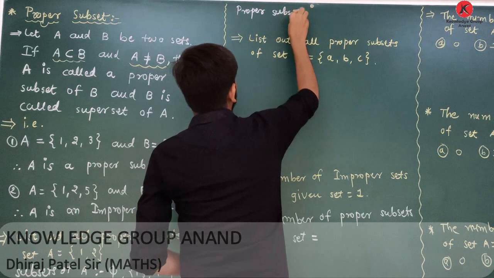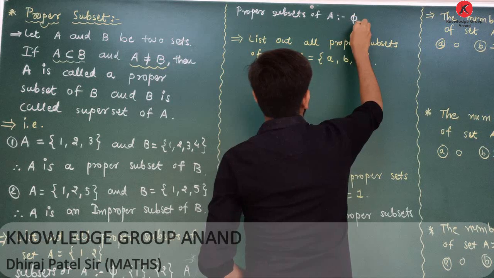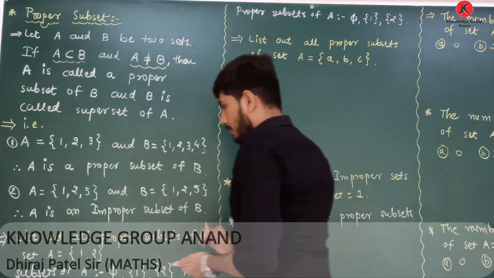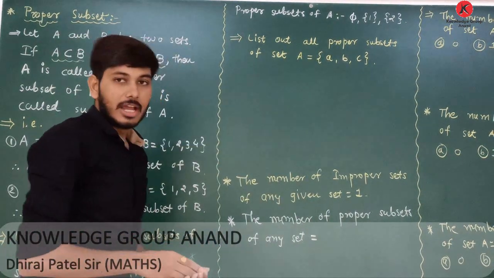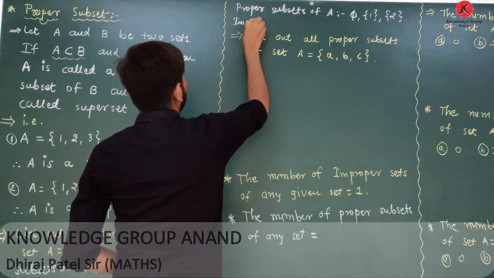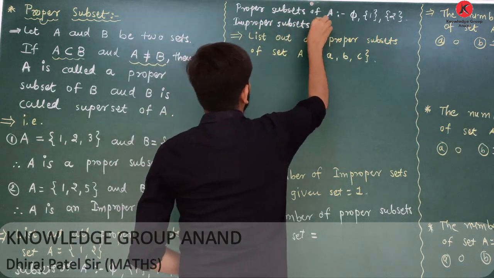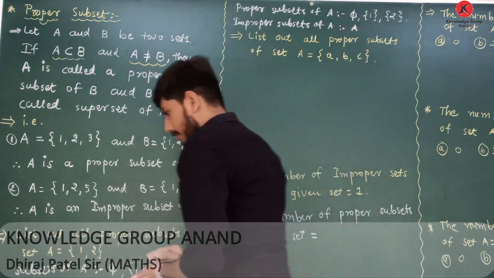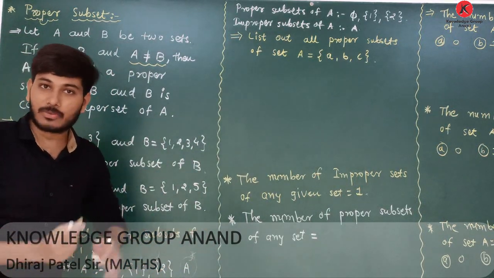Proper subsets of set A are: the first one, null set, curly bracket 1 and curly bracket 2, all 3 subsets which are proper subsets of set A. And if I am listing out the improper subsets of set A, they are only set A. Therefore we can say that the set itself is a subset of any set.